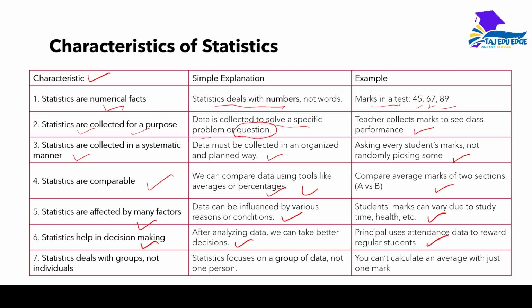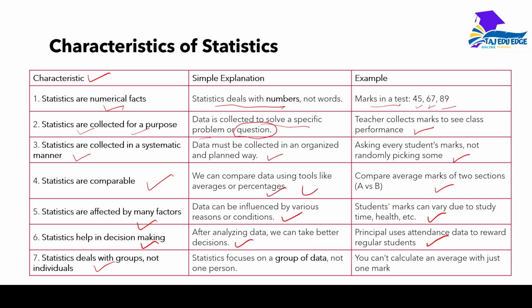Next, last one, statistics deals with the group, not individuals. Like I already said, if I take the data of one particular student in one single subject and say that the whole class has performed well or the whole class has not performed well, then it doesn't make any sense. So statistics deals with groups here, not with individuals.